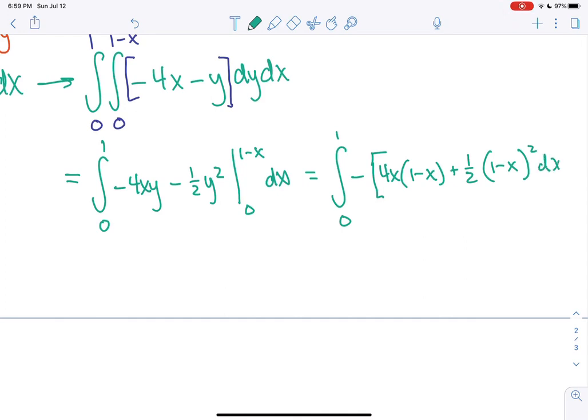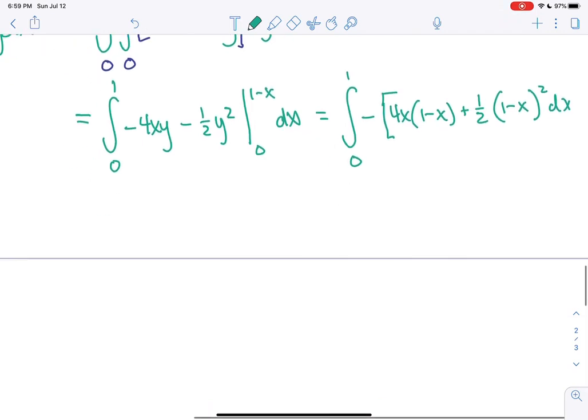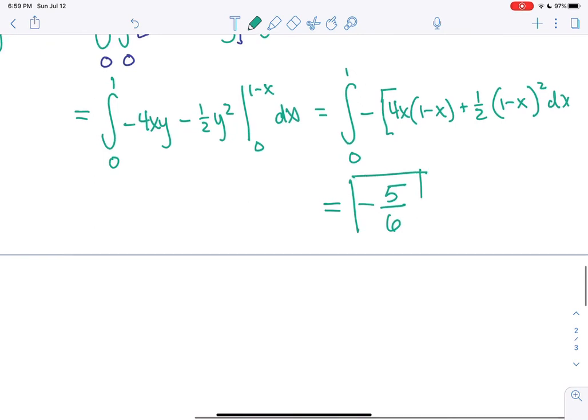And now we just have one final integral that we can use power rule on, and that will all come out to be negative 5/6. So that's the final answer.